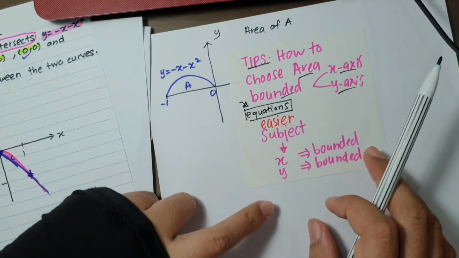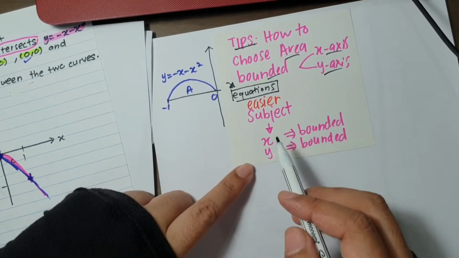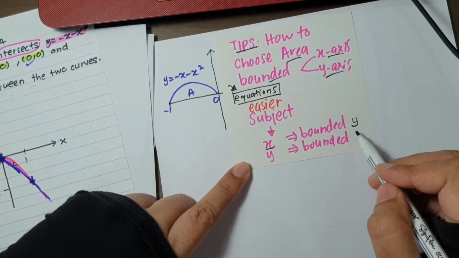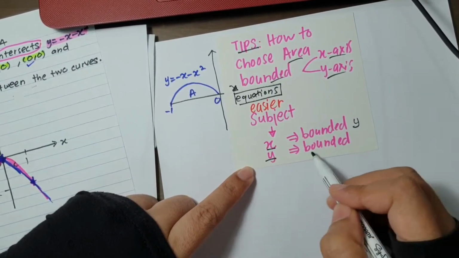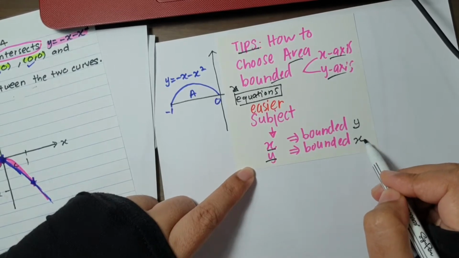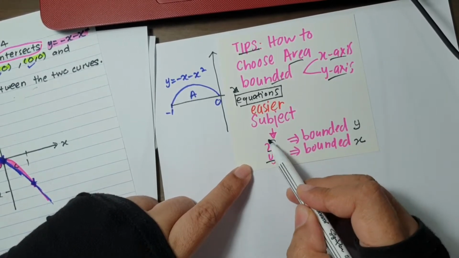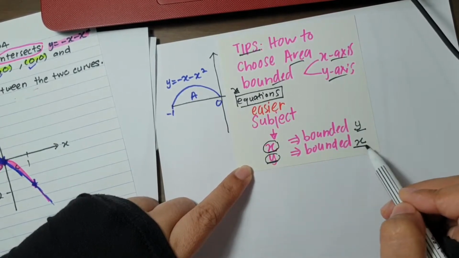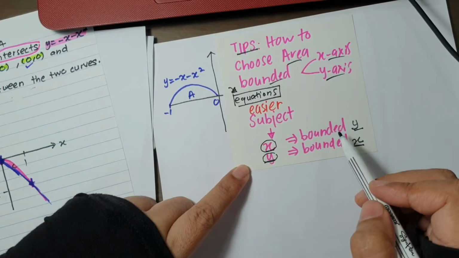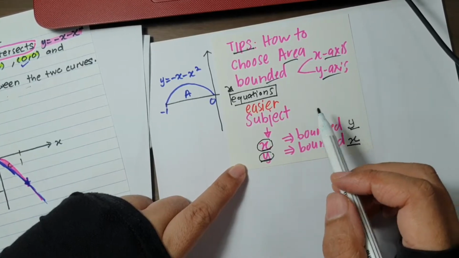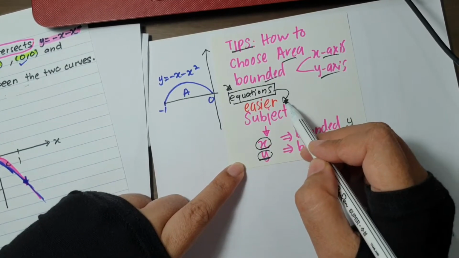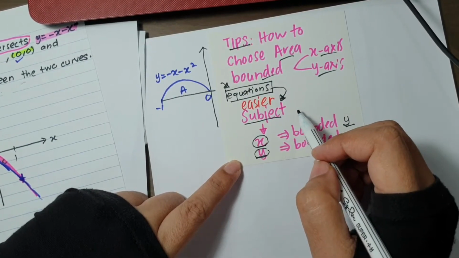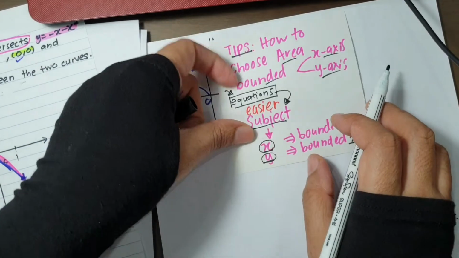When you choose x as your subject, the area is bounded by the y-axis. If you choose y as your subject, the area is bounded by the x-axis. If the subject is x, bounded by y. If the subject is y, bounded by x. So it is reversed. The tip is to look at the equation and see which is easier to make the subject.